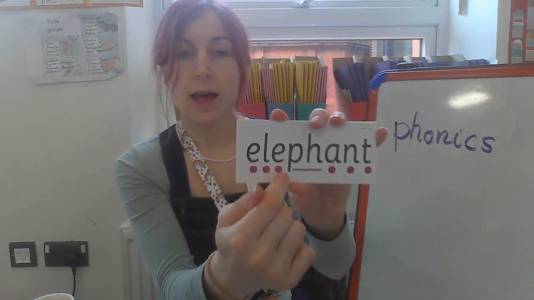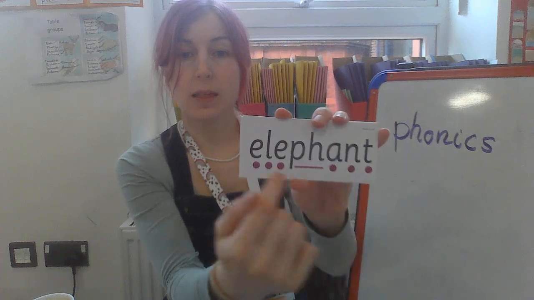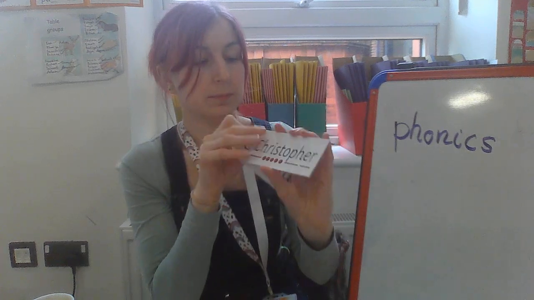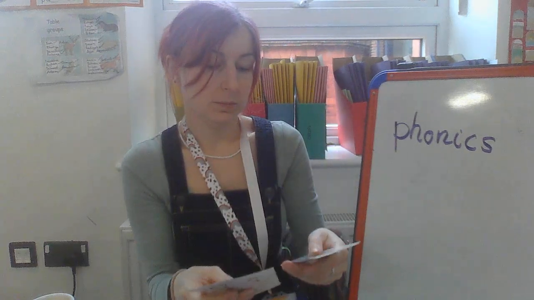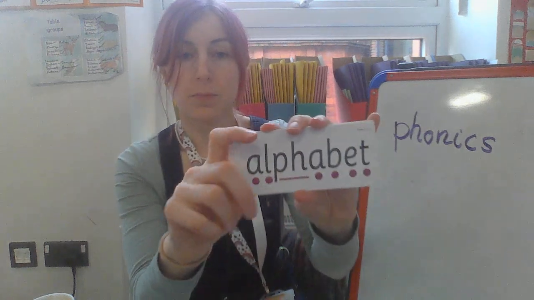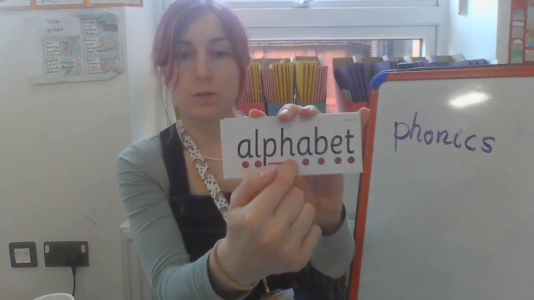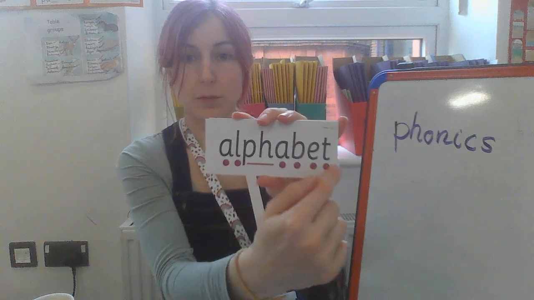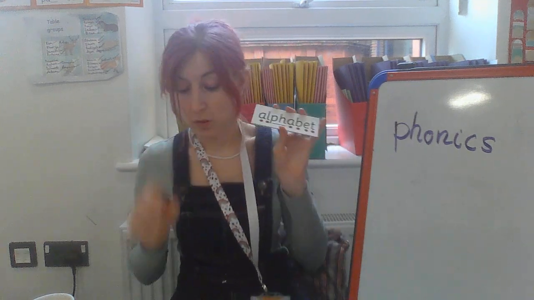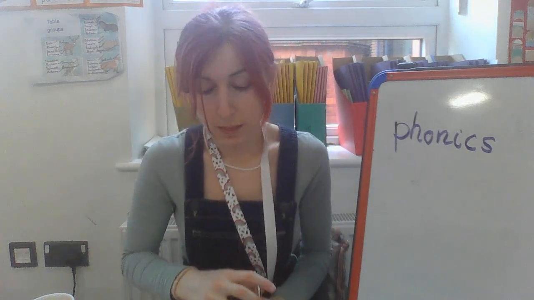E, U, E, F, A, N, T. Elephant. This last one. Alphabet. Alphabet. These are some pretty long ones here. You might want to chunk these as you're reading them.